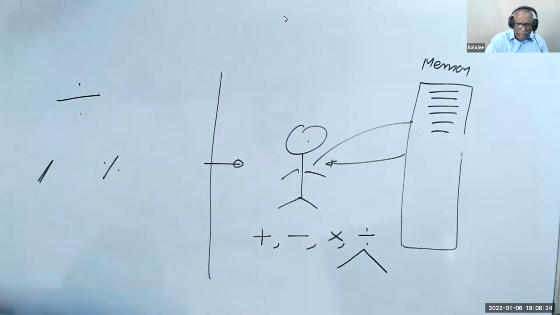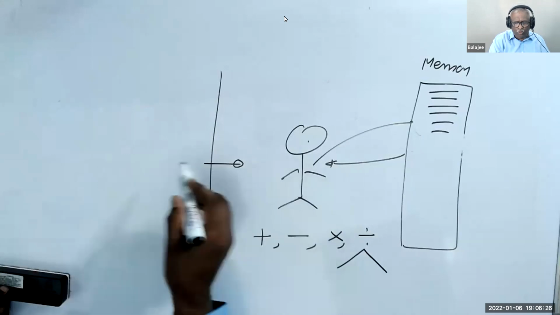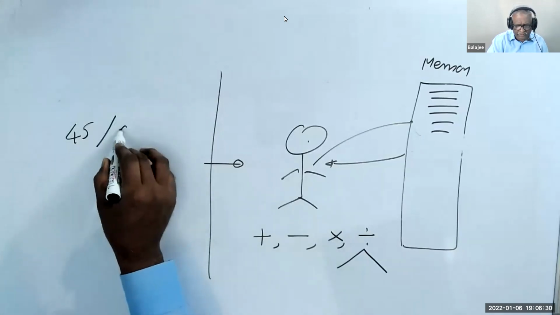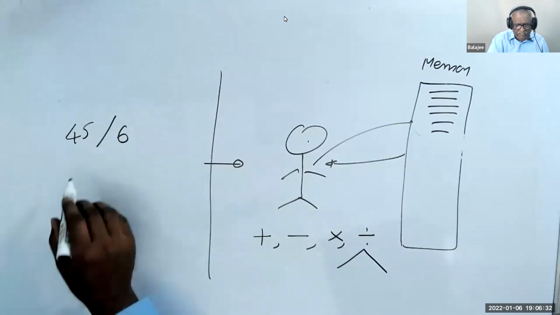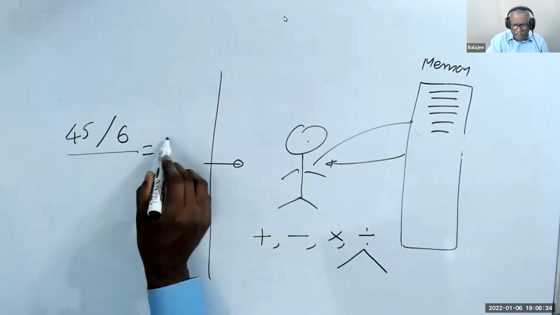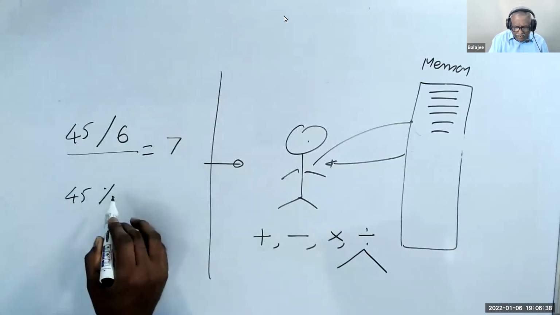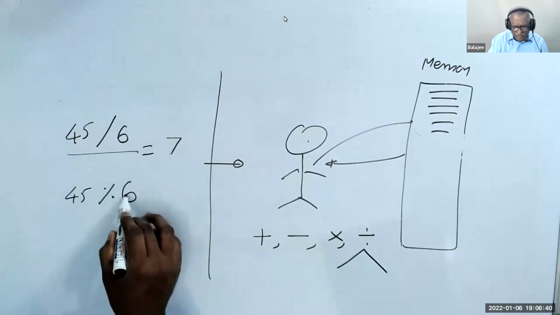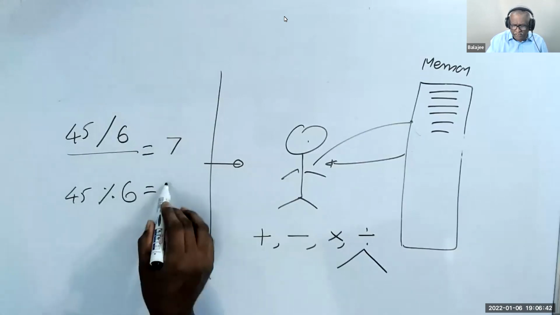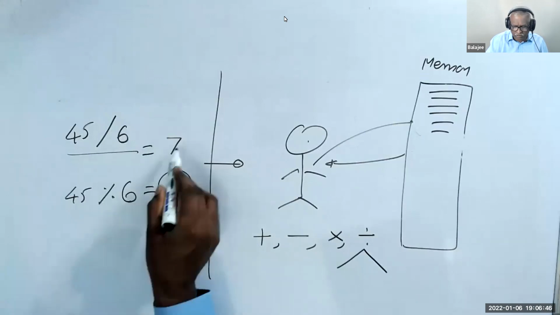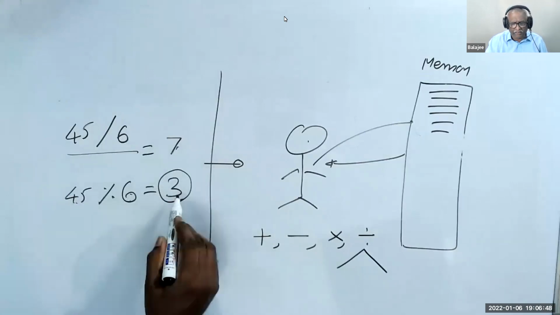If you ask him to do 45 divided by 6, his result will be 7. If you ask him to do 45 remainder 6, his answer will be 3, because 7 sixes are 42, and the remainder is 3.